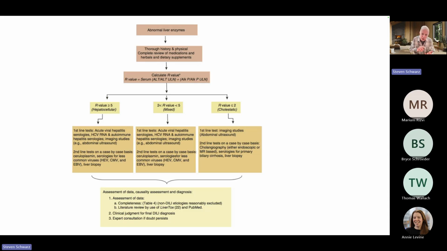So we want to do the acute viral hepatitis serologies. Second line tests can also be considered, like ceruloplasmin or other things. But again, we're dealing with an acute hepatitis. If it's mixed, we probably are going to follow the same exact protocol. If the R is less than 2, that's clearly cholestatic, and that's where imaging studies actually become the primary modality.